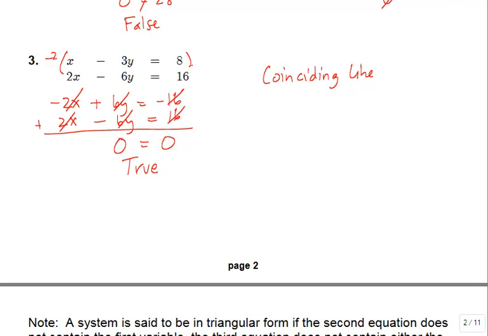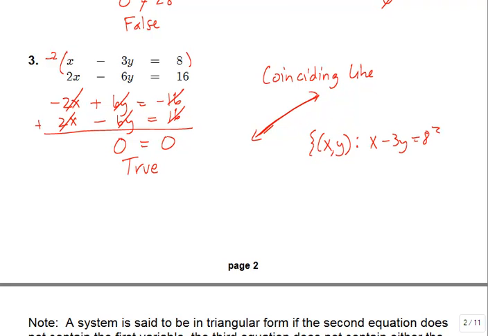Now, how do you write your answer when it's coinciding lines like this? Your answer is not all real numbers. Your answer should be all the points that lie on the line. When these two lines intersect, what they're intersecting in is just the points on the line. So we use this fancy notation, a curly brace, and then we do parentheses x comma y with a colon, or sometimes you see a vertical bar there, and then you just copy down one of the equations in your system.